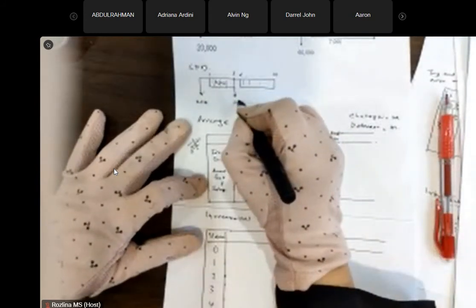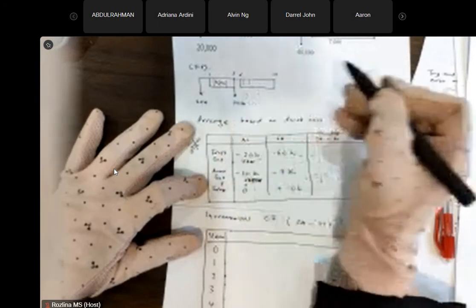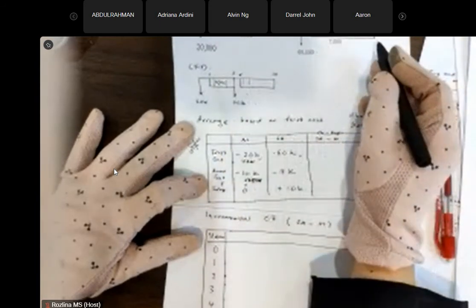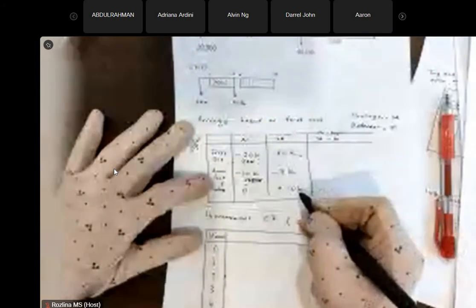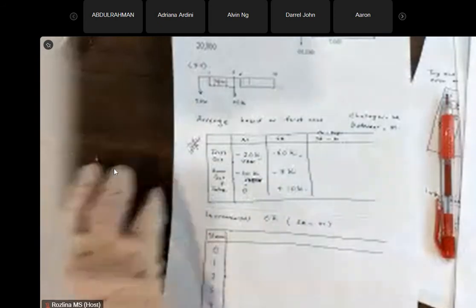Ni mana nak letak ni? 20K. And this one is yang ni salvage value. Nilai akhir tau. 10K. Ini ni. Saya tertinggal yang ni kejap. Tengok kejap.